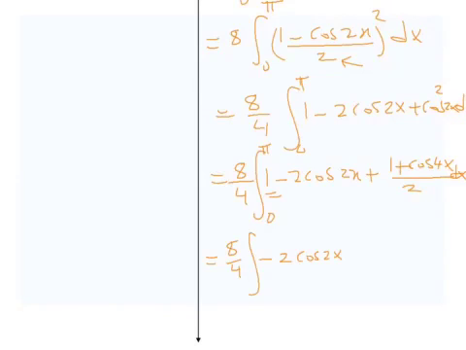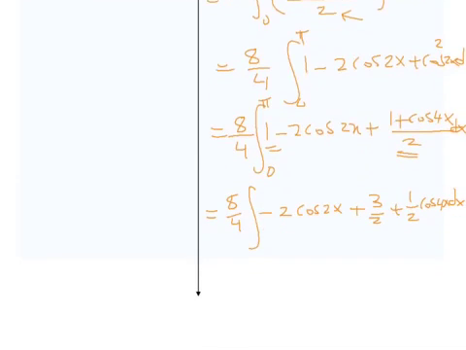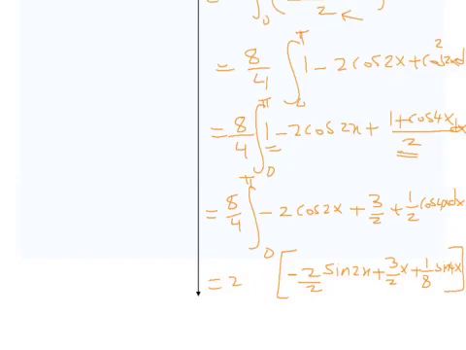This is 1 plus half here, which is equal to 3 over 2, plus half cosine 4x dx from 0 to pi. So this is equal to 2. Integration now is minus 2 sine 2x divided by 2 plus 3 over 2 x and plus 1 over 8 sine 4x from 0 to pi.